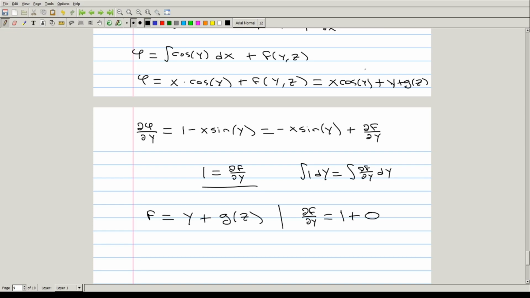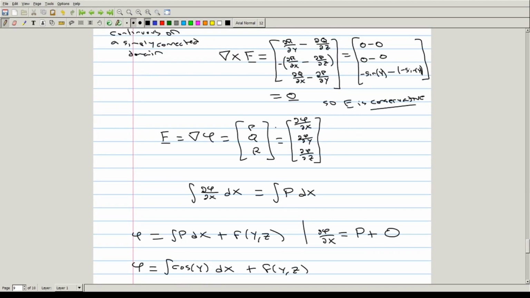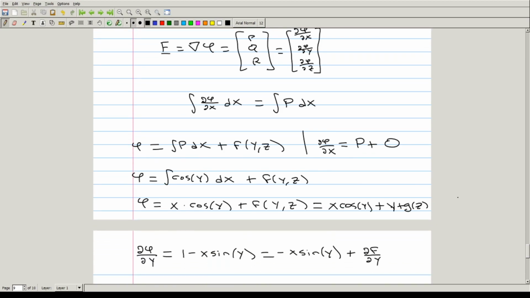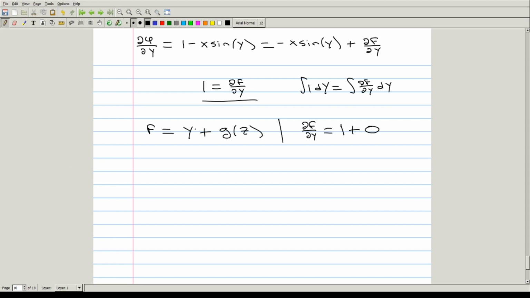And we're almost done here, because this expression for phi will satisfy the first two equations in our system for the conservative vector field F. So the last equation that we have to make sure is satisfied is that the z partial derivative of phi is equal to R. So d phi dz is equal to R, which is 1.